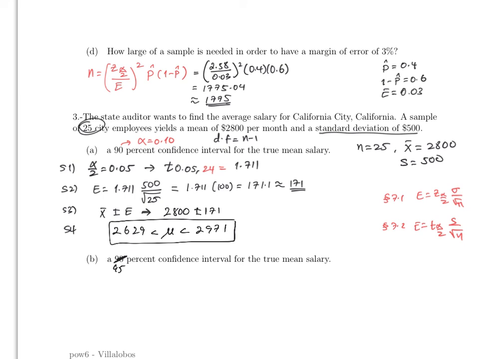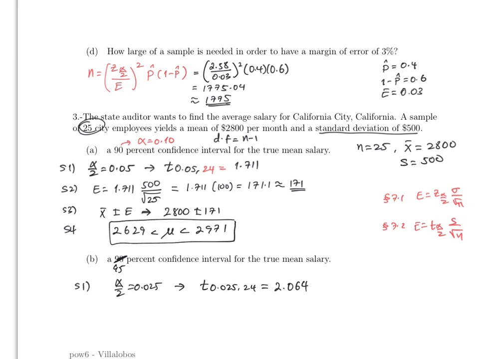So let's just do step 1 for this. The rest will be the same. So here alpha over 2 will now be 0.025, right? Then you will need t of 0.025 with 24 degrees of freedom. How much is that? Just look at the t table. 2.064, yes.